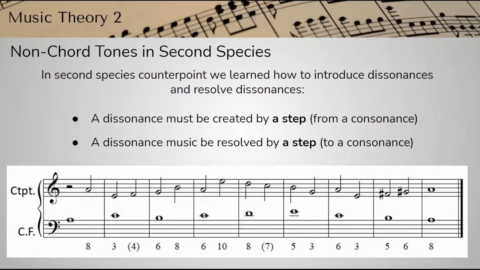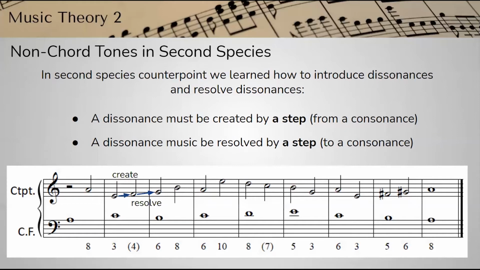And so in this example of second species, we're creating that perfect fourth dissonance in the second measure by moving up from that third consonance on that downbeat. And then afterwards, we resolve that dissonance up a step to become a sixth, which is a consonance. So we're always going from a consonance to a dissonance and then to another consonance.